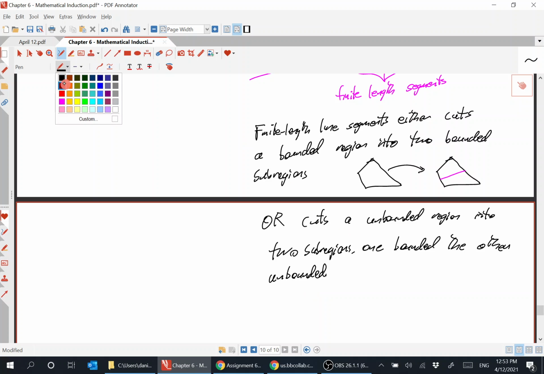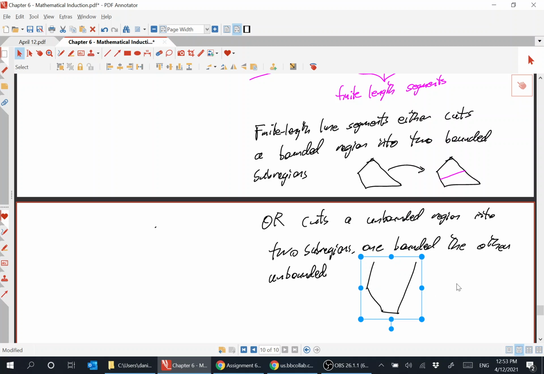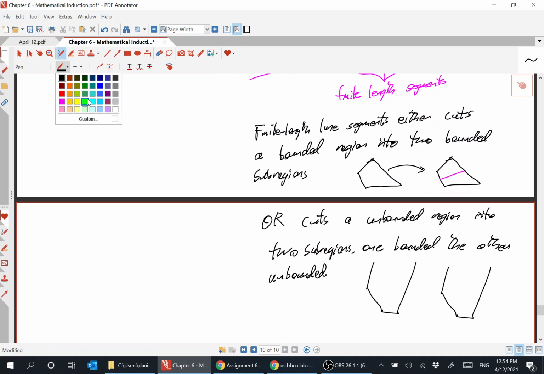So if you had some unbounded region like that, right, and then you put a finite length segment in it to divide it into 2 subregions, what you're going to end up with is something like this. This is bounded, and this is not bounded.